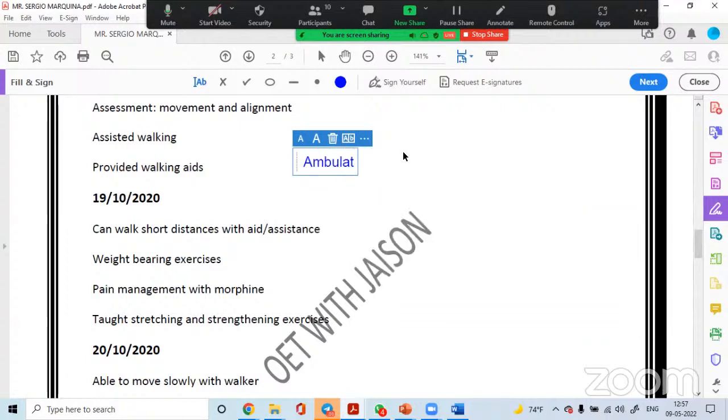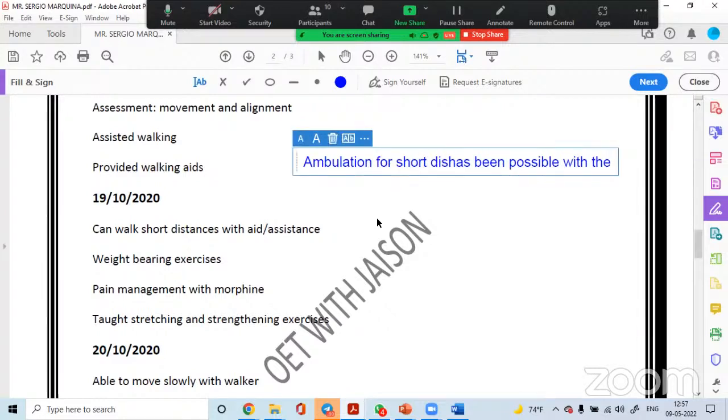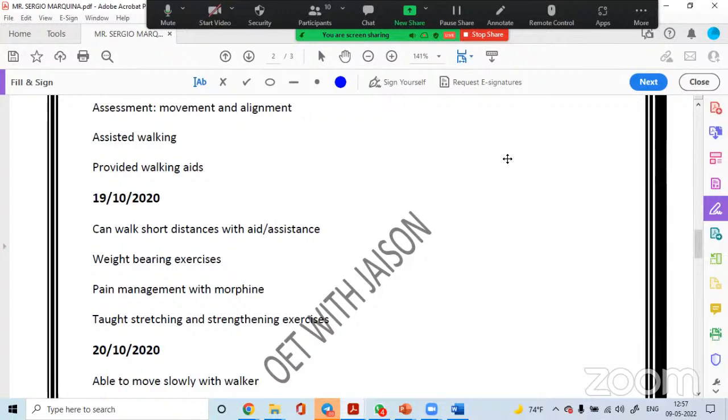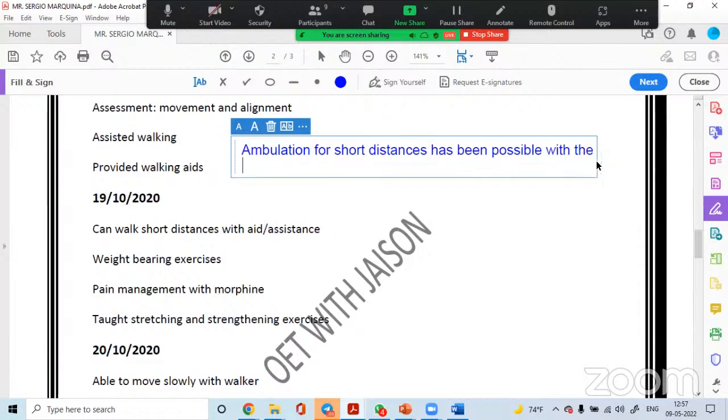Ambulation for short distances has been possible with the support of walking aids.